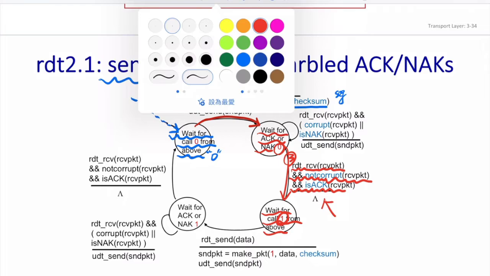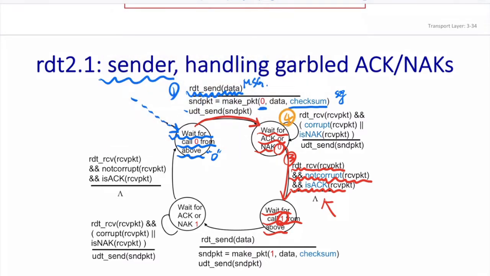However, there are some other situations. If the sender receives a packet but the packet is corrupted, so we cannot tell whether it is an ACK or a NAK, or we can explicitly know that it is a NAK, then in these two cases the message delivered to the receiver is not actually delivered, because it is a NAK, or we don't know the situation because the ACK or NAK response is corrupted.